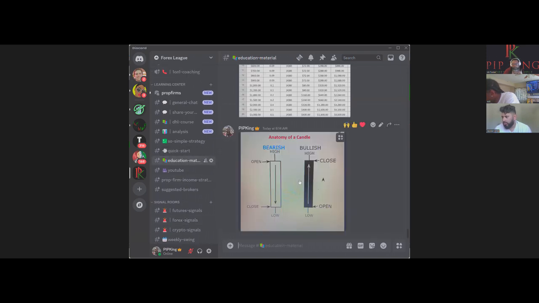So on the Discord, if you go into the educational material, I explain the bearish and bullish candles. I explain the open and the close and the high and low and all that right there.